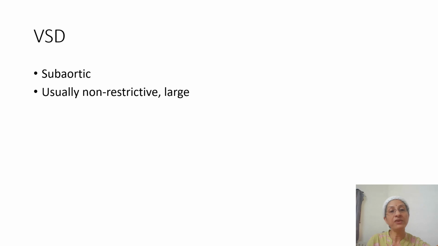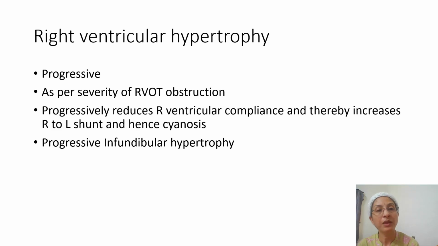Now, as we said, the ventricular septal defect is usually non-restrictive, that is, pretty large, and subaortic or outlet in location. This favors the deoxygenated blood from the right ventricle entering into the aorta. Now, coming to the component of right ventricular hypertrophy, it is progressive.